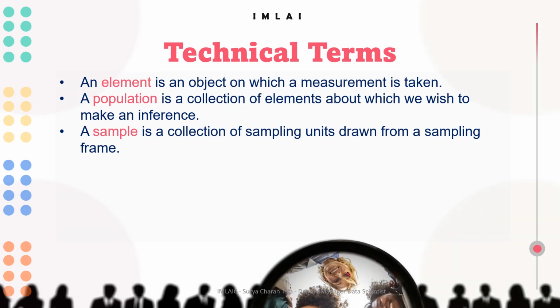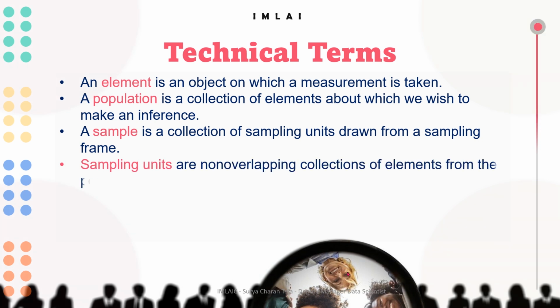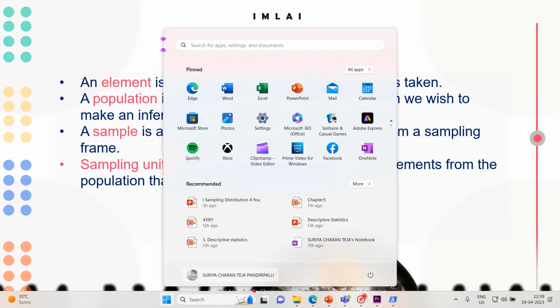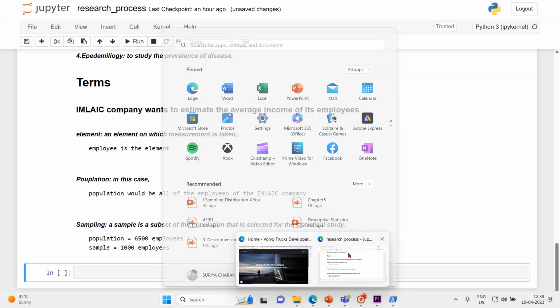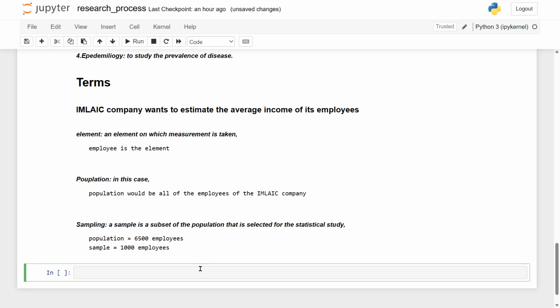So sampling is done. Once the sample is received, then sampling units. Sampling units are the individual units that are selected from the population to be part of the sample. So who is the sampling unit in this case for me?